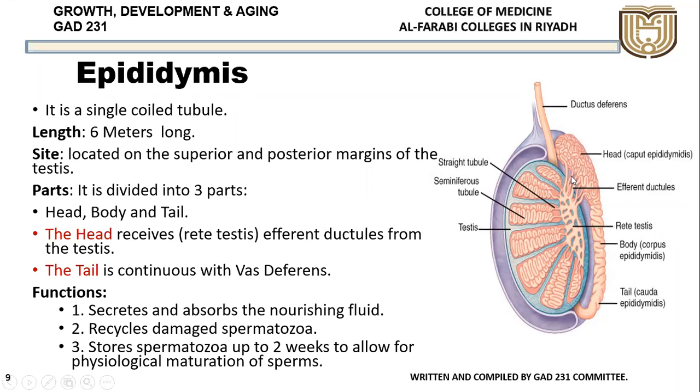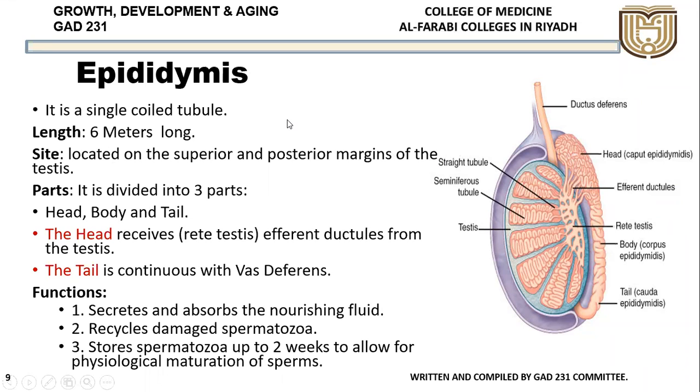Initially it looks like multiple tubes, but it is a single, highly coiled tube, just like the seminiferous tubules. It is almost 6 meters long, a very long tube, but it is kept in a very small area because it is highly coiled.